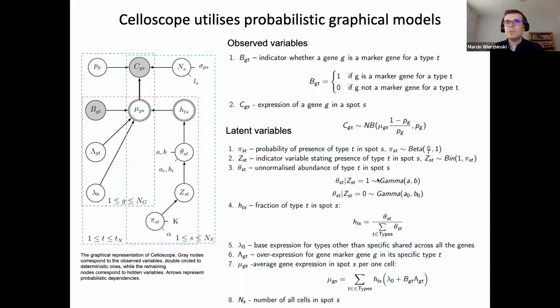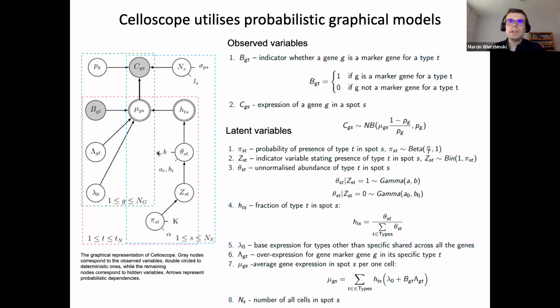Here we assume a gamma distribution, which is a continuous distribution, and this gamma has 2 parameters, which we can observe on this graph.